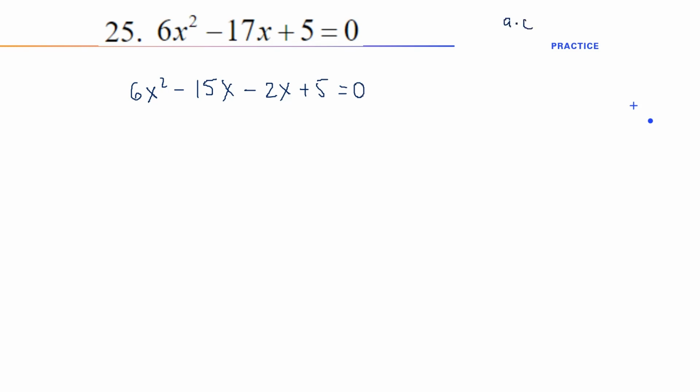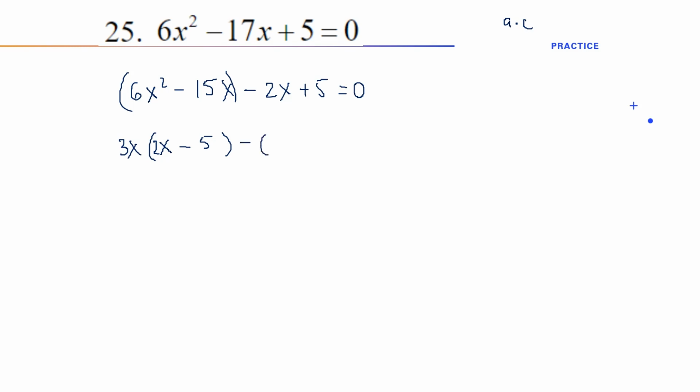AC method. Now group the first two and the last two. So we have 6x squared, 3x is common for the first one, left with 2x minus 5. The second term, we have left with 2x minus 5.